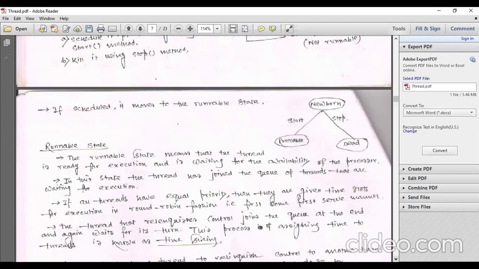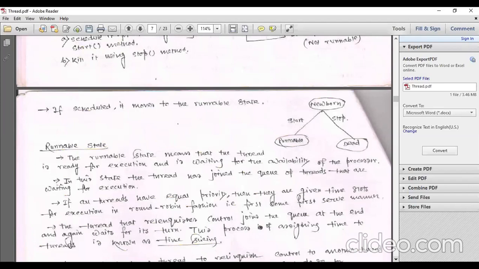If then P2 comes, then P2 gets the processor. If then P3 comes, then P3 gets the processor. So the processor is distributed among those processes based on their arrival in the queue.